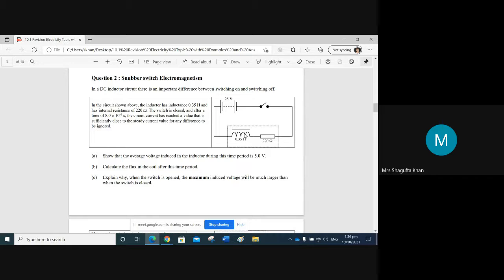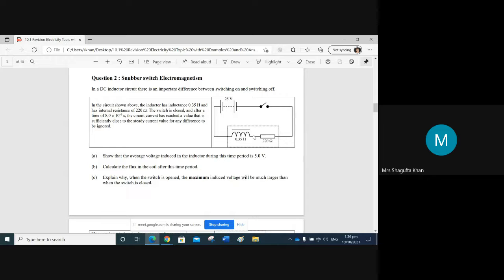The reason for that is because a voltage is induced across the inductor. And why is the voltage induced across the inductor? Because as the current is building up, magnetic flux will be increasing, and whenever there's a change in magnetic flux, there will be a voltage induced. This voltage tries to oppose the battery voltage.